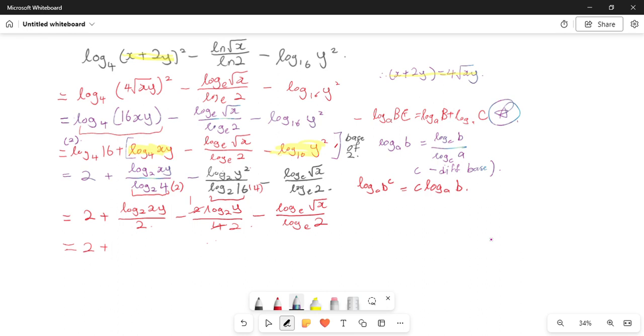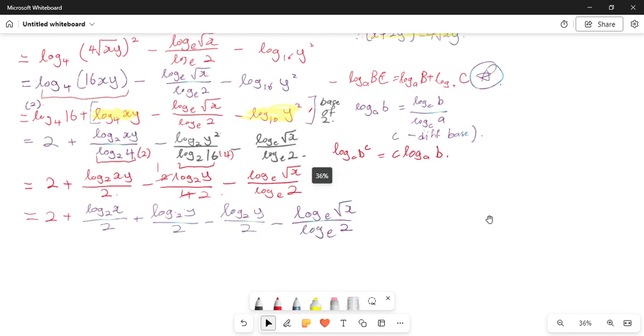So I'm going to change this to log 2x over 2 plus log 2y over 2 minus log 2y over 2 minus log e root x over log e 2.